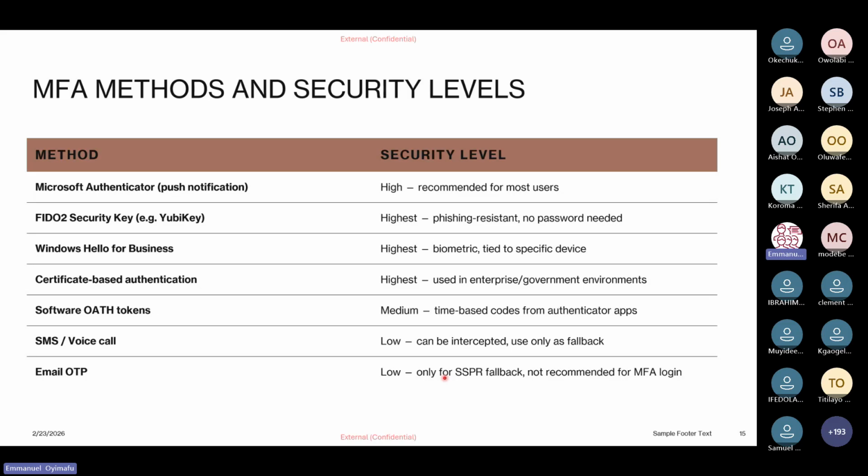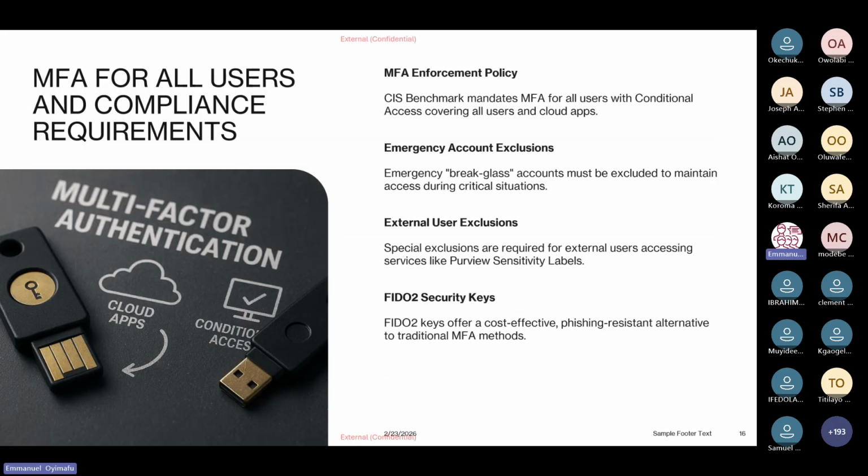She can just have access to your email and put the code. But if you are using all these methods, in terms of the security level, high or medium, at least is okay. But all these low ones, it is not recommended. So it's best in your organization. Most of the users are using Microsoft Authenticator app rather than SMS or voice call. So let's see MFA for all users and compliance requirements.